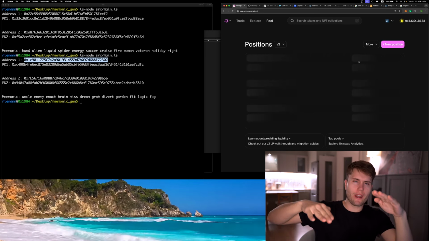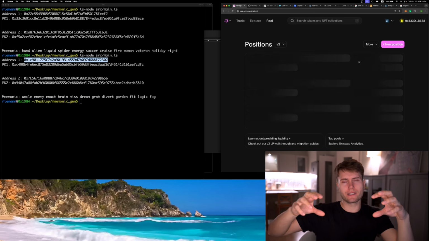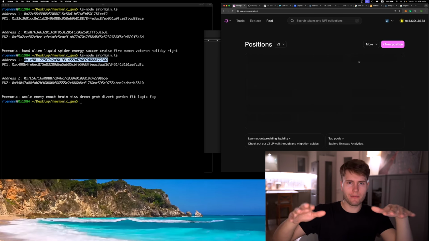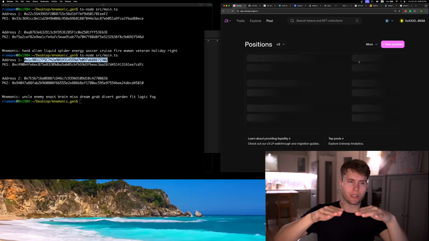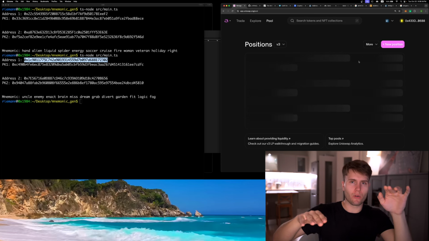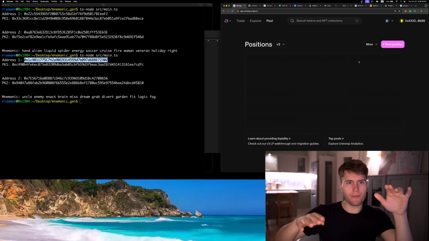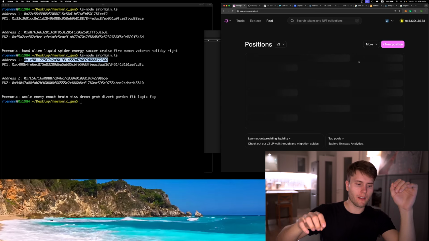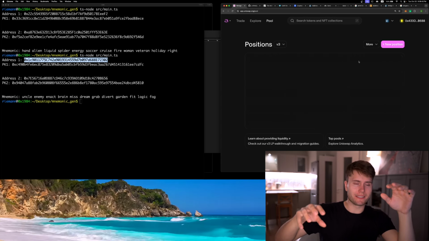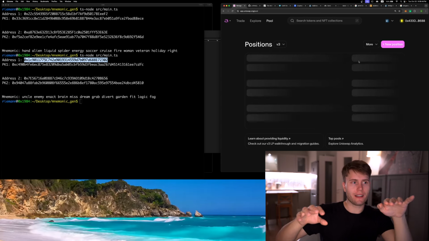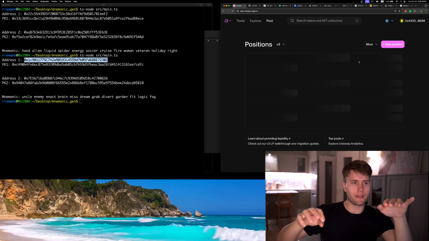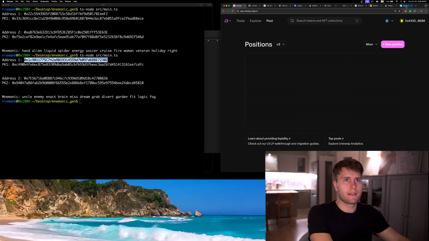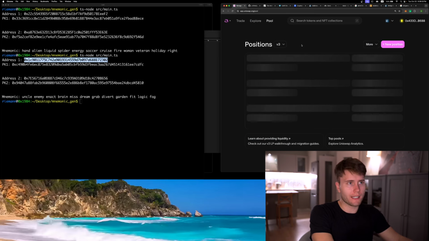If the ratio of USDT and USDC in the smart contract is 1-to-1, then the price is 1-to-1. But if there's more of one asset than another, then the one with less balance in the smart contract is going to be valued more. That's essentially how this works.